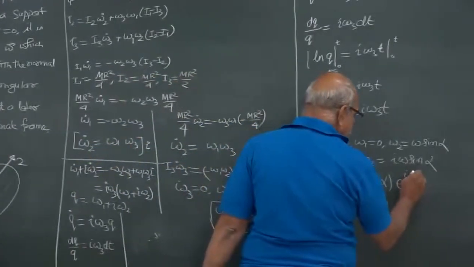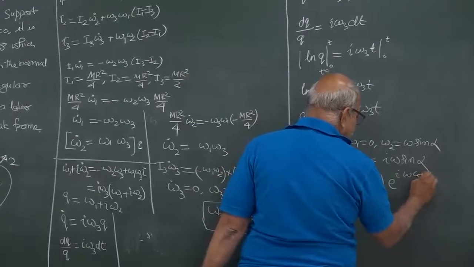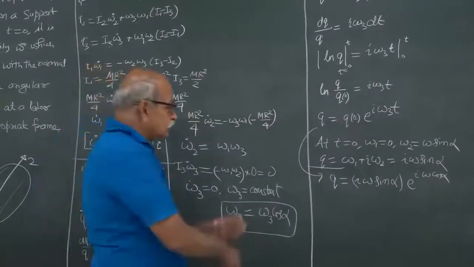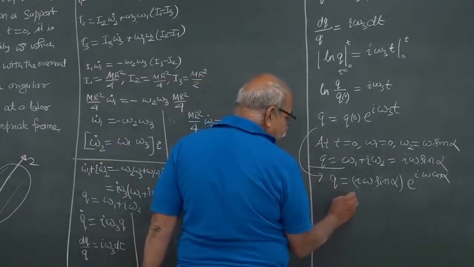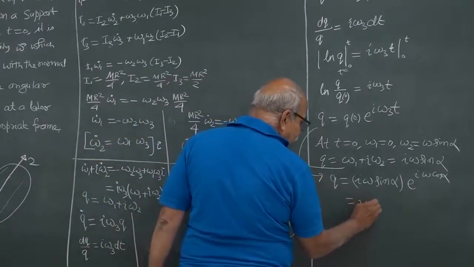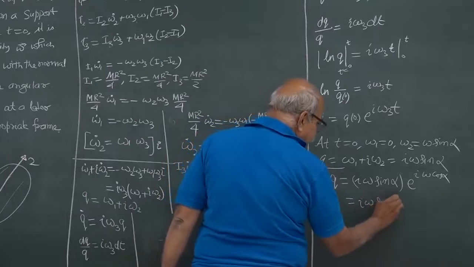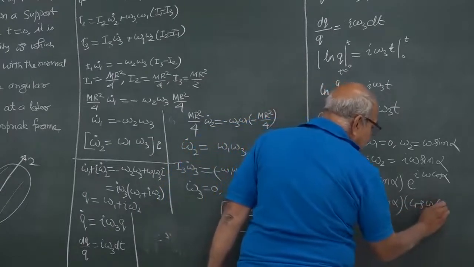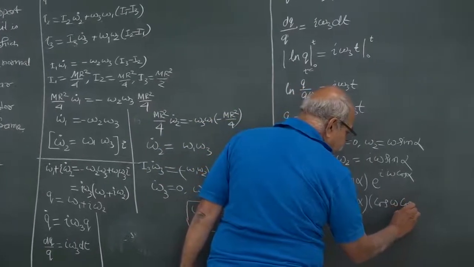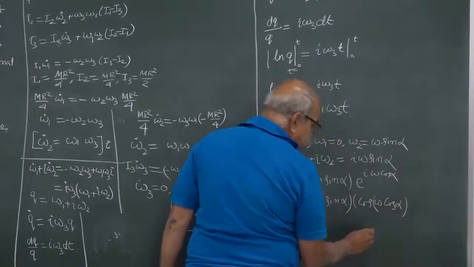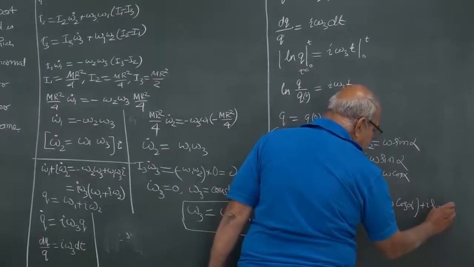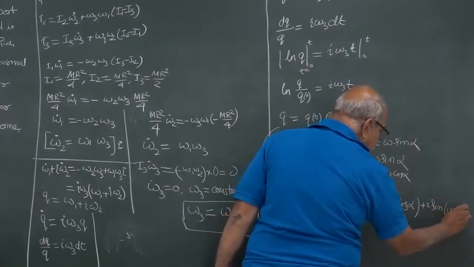So, this is i omega sine alpha multiplied by cos of omega cos alpha plus i times sine of omega cos alpha.